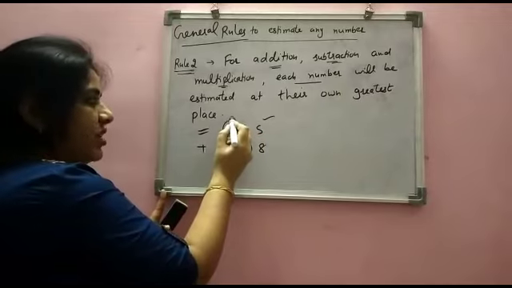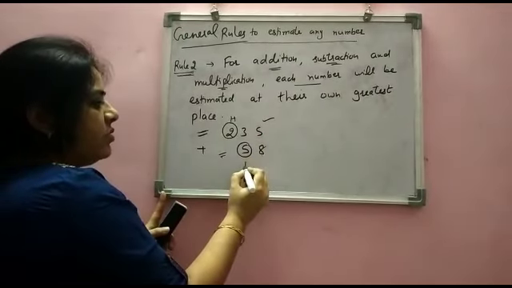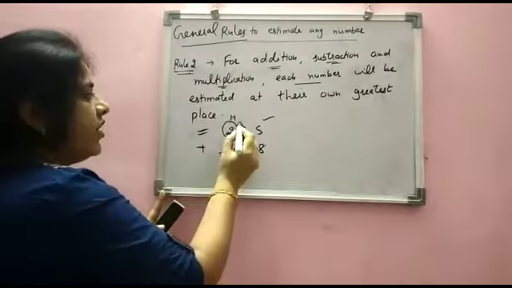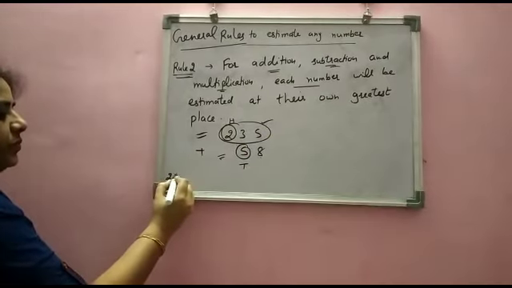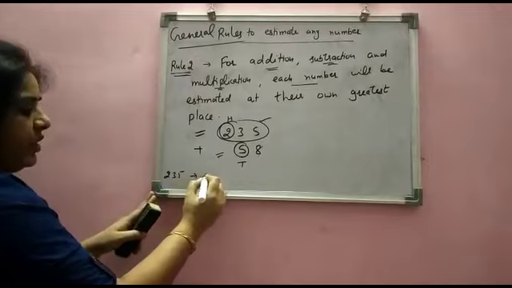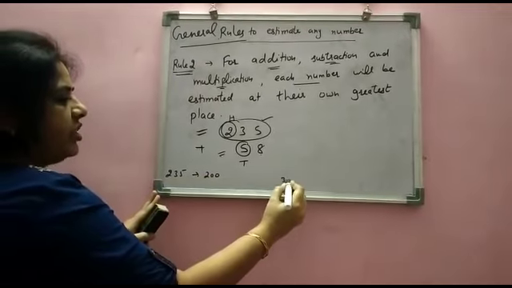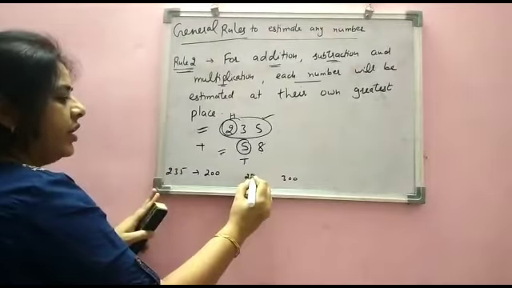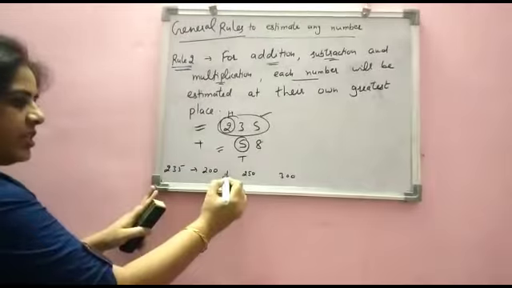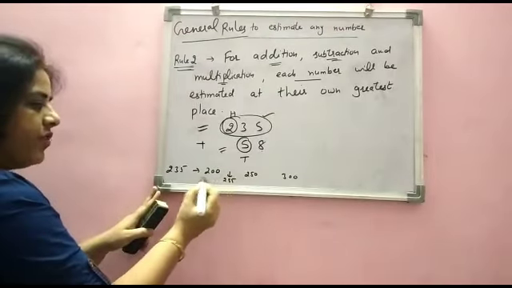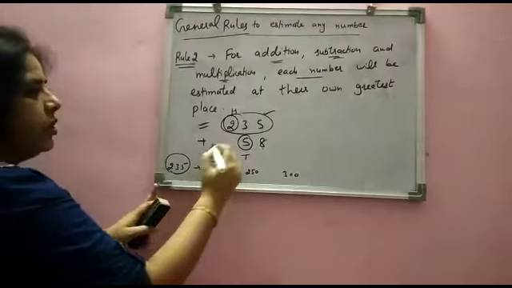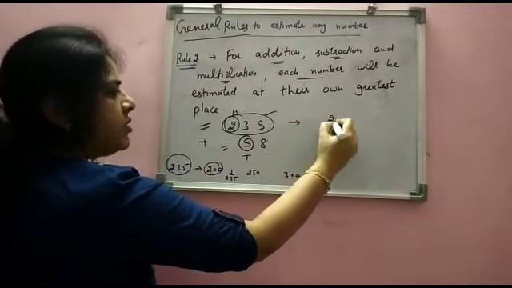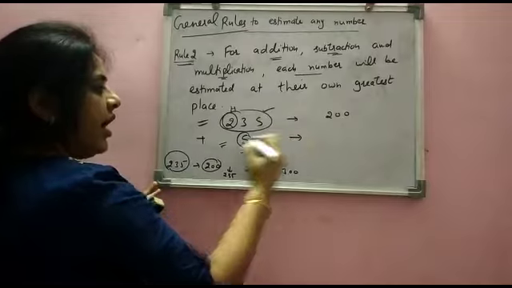When this number is estimated to the nearest 100, roughly you observe it lies between 200 and 300. What is the halfway? 250. So it is less than halfway. So when estimated to the nearest 100, it will go with 200. So estimate first and then add.